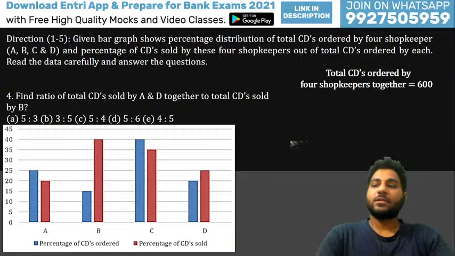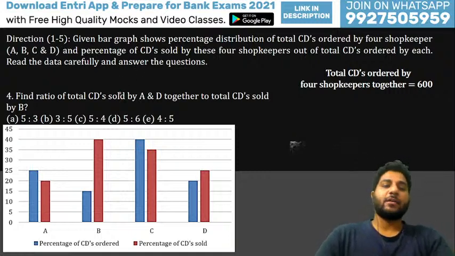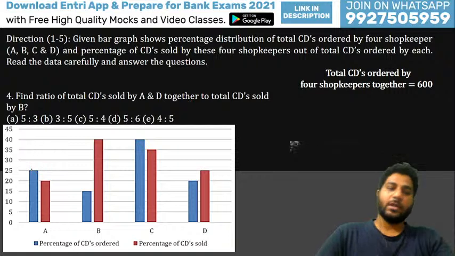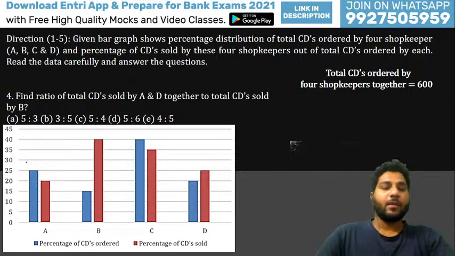So the next question belongs to the same data. Look at this. Find the ratio of total CDs sold by A and D together. A had ordered 150 CDs and sold 120 CDs.